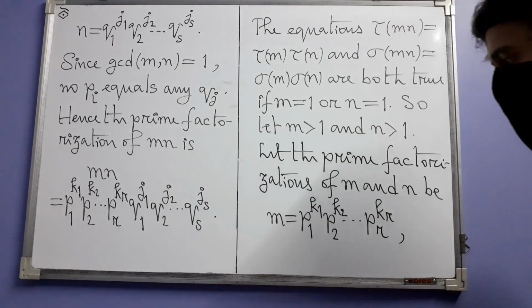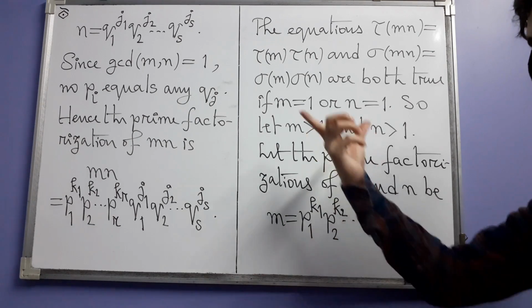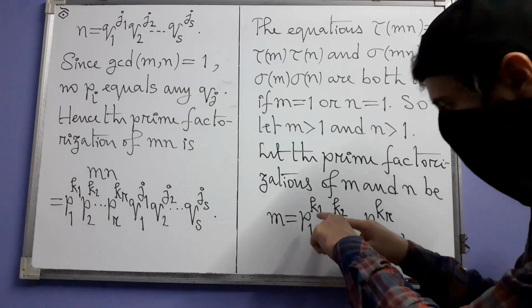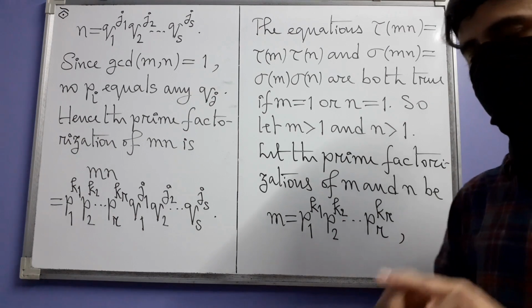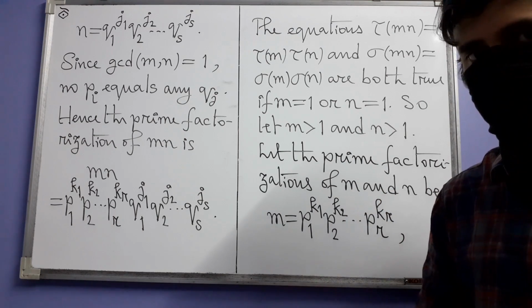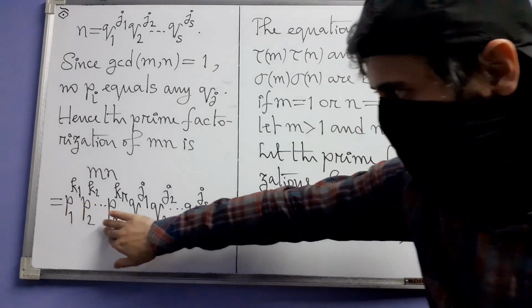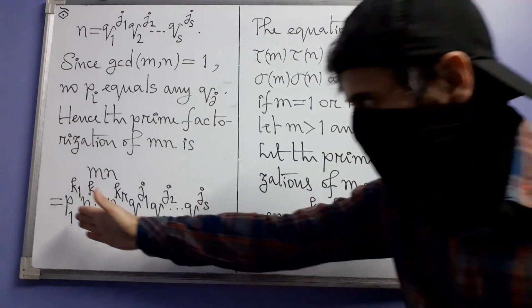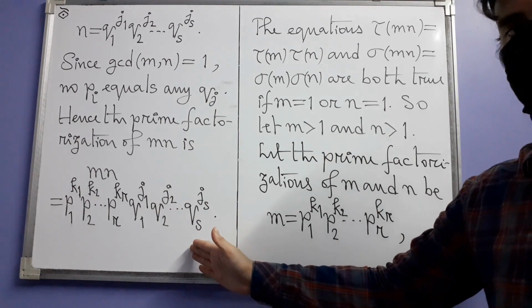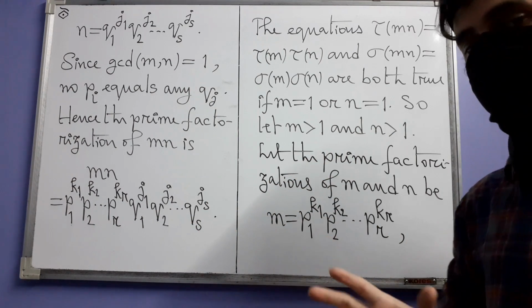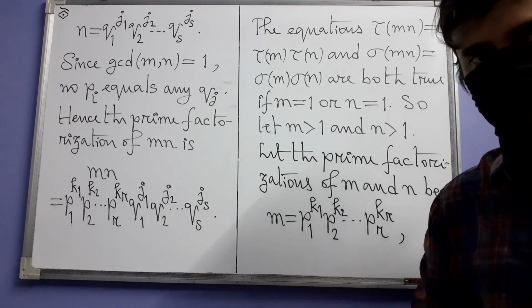And not just that, because of the way we have written each factorization, these distinct p_i's are also different. No two of them are the same. So whatever primes you see here and their powers, all these are distinct primes. So now we have the prime factorization of mn.